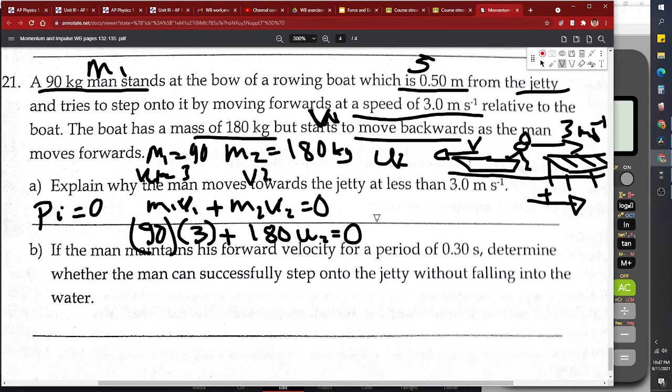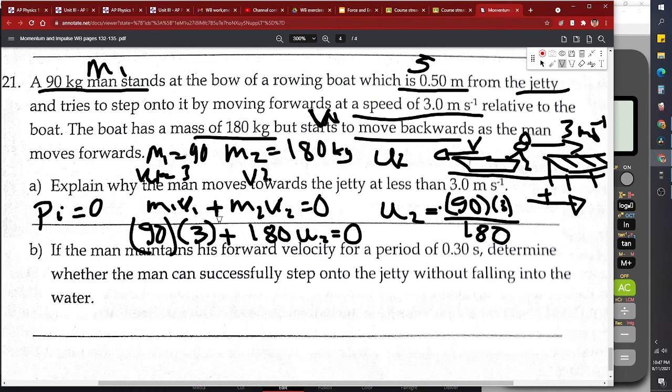So our next step, we want to solve for just the velocity of the boat. So if I move all that over to that side, it'll be divided by 180. It's just some algebra at this point. So 90 times 3 divided by 180.